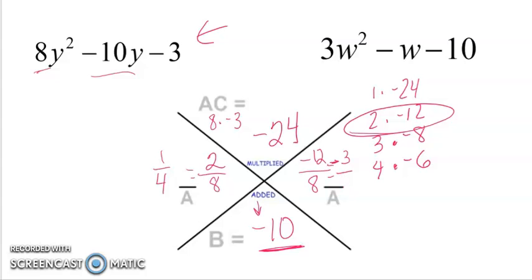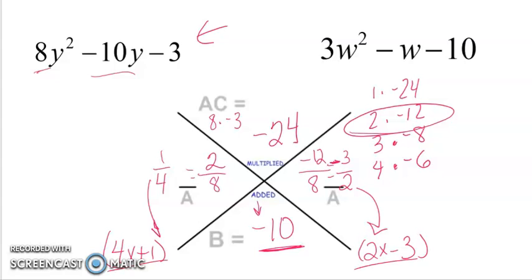Actually, that's supposed to be a 2, isn't it? Alright, so bottoms up, 4x plus 1. And bottoms up here, we get 2x minus 3, because that is a negative up there. Okay? These are the two factors.